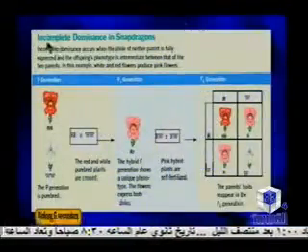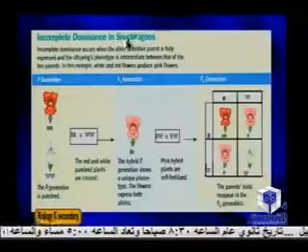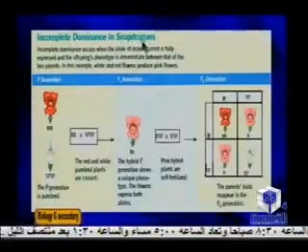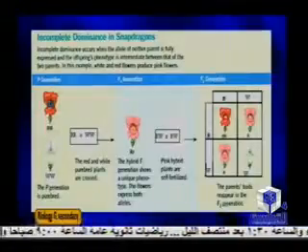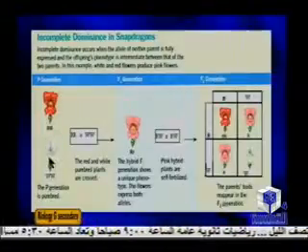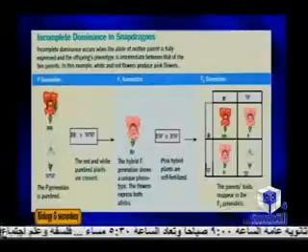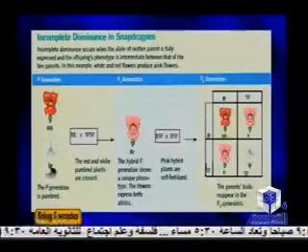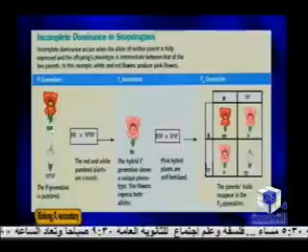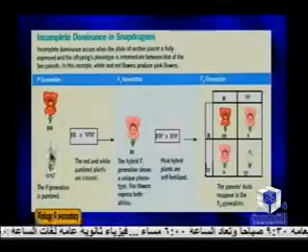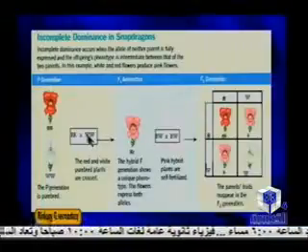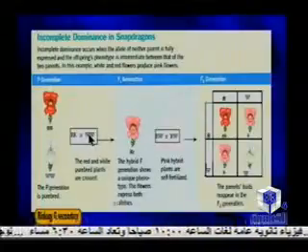Incomplete dominance or lack of dominance in snapdragon. Here are two flowers, one is red and the other one is white. Then both of them are crossed. The first one is R capital because it is red, the second one is white, W capital.